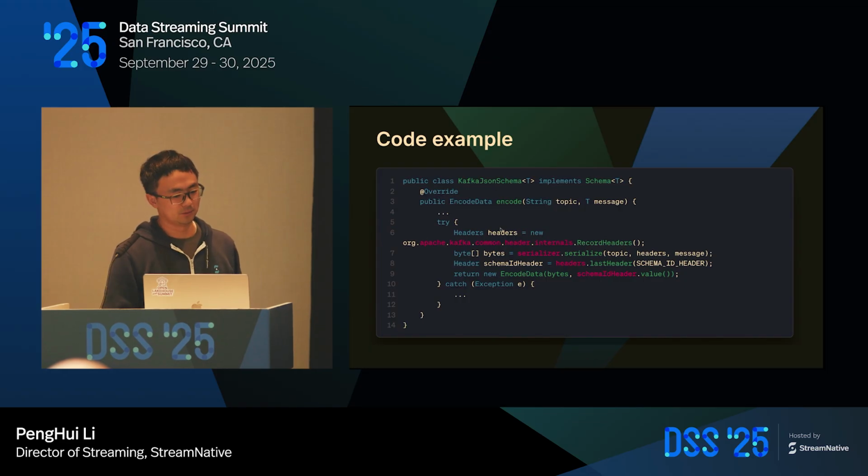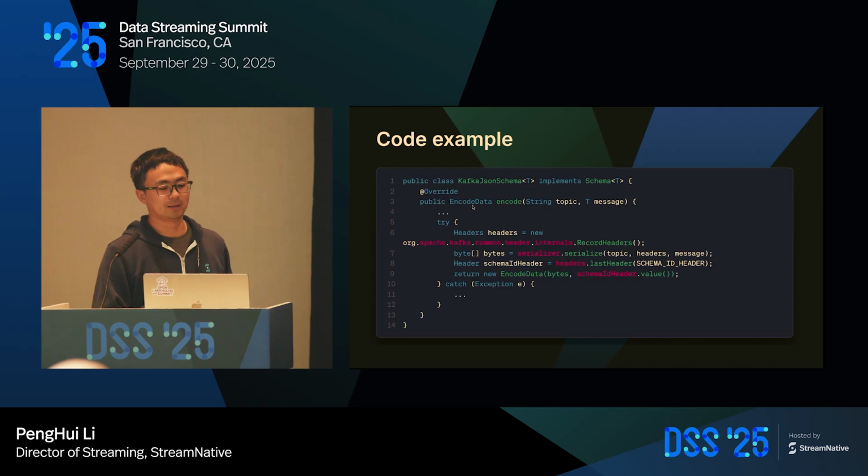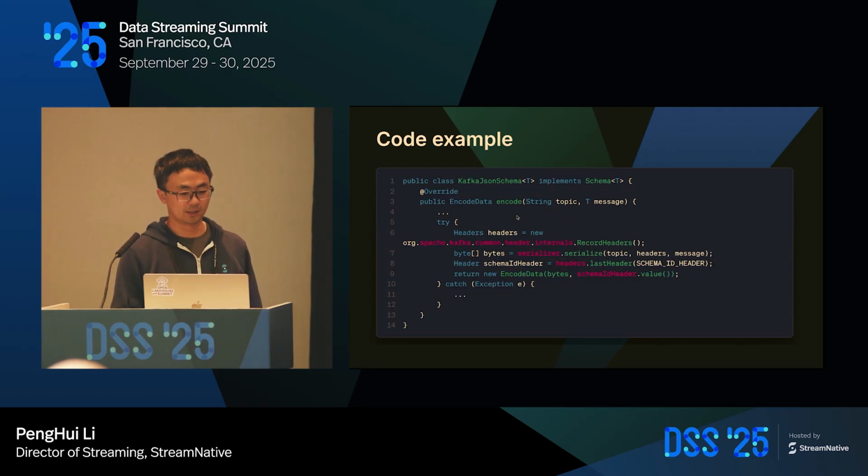Just implement the encode method to serialize the data based on the schema definition, and you just return the encoded data, and then the Pulsar client will send the encoded data to the server side, with the schema ID.